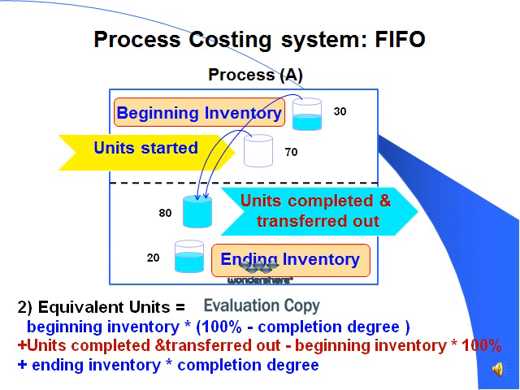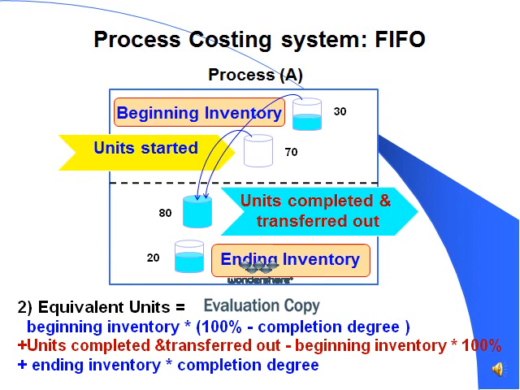So, the equivalent units equal beginning inventory times 100% minus completion degree. After that, I complete from the units started: units completed and transferred out minus beginning inventory, times 100%. This is the units started and completed.